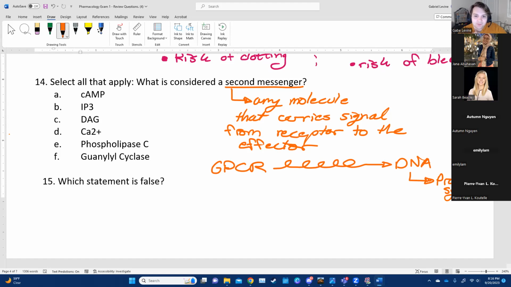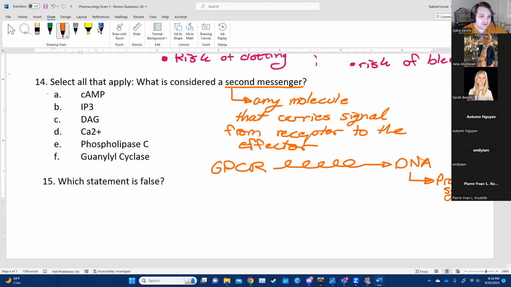The answer here is that a second messenger can be anything except an enzyme. An enzyme is not going to carry a signal. It is going to help in the production of second messengers, but an enzyme is not able to carry a signal by itself.